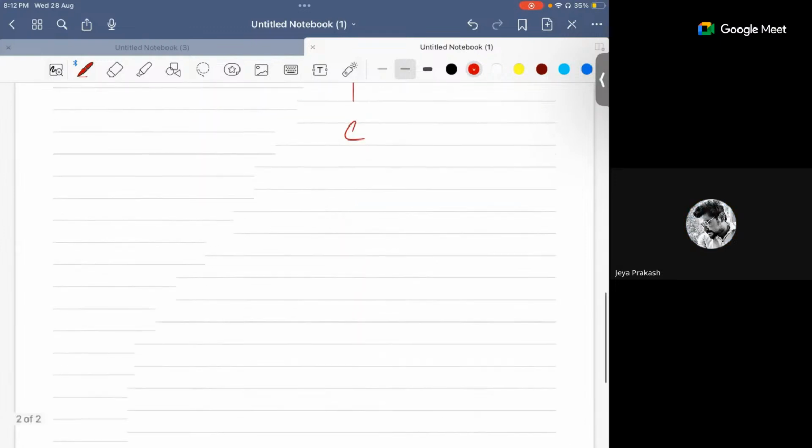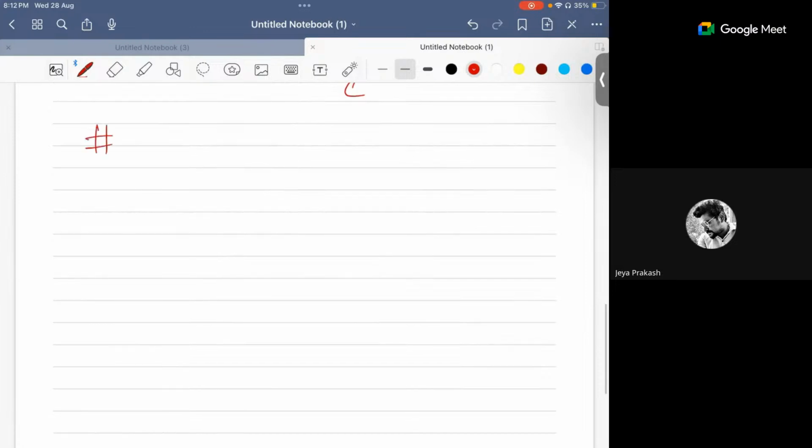Now let's move to the second concept, which is graph coloring. So graph coloring is what? This is also a simple concept.